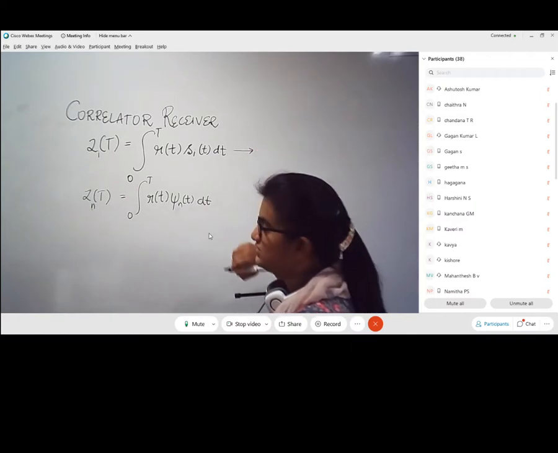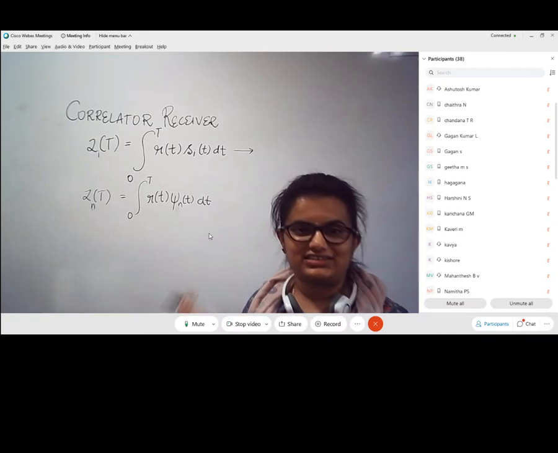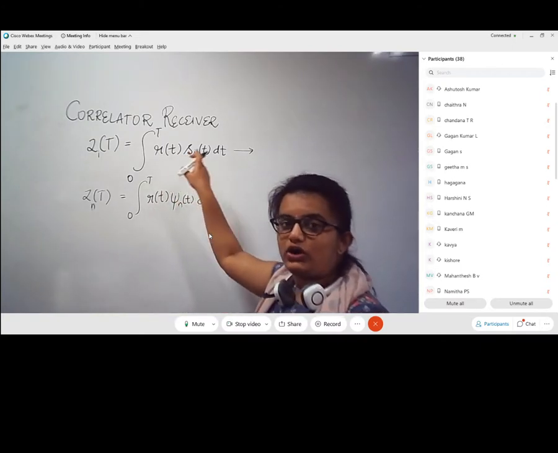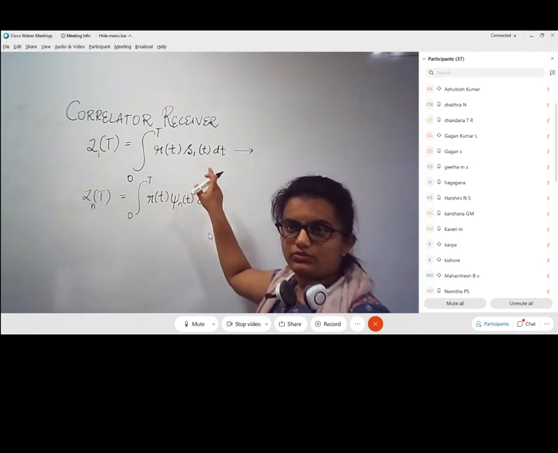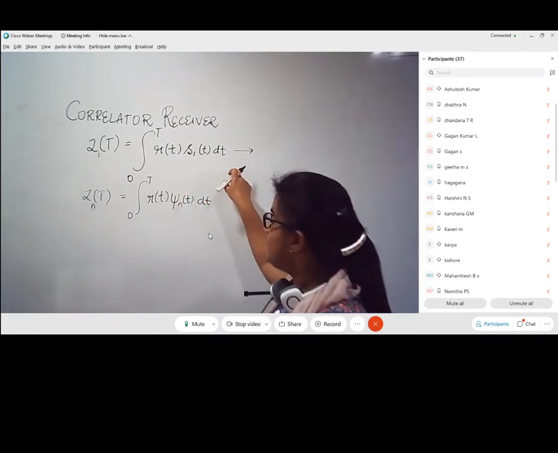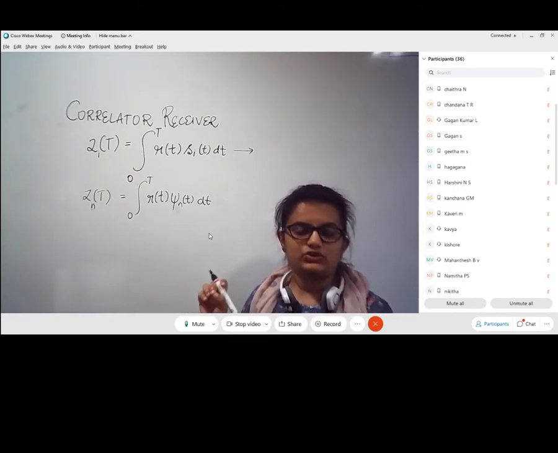In the first case, we saw the scenario where, in order to compare the received signal R of t with all the modulated symbols, we need to compare it with each and every symbol from S1 to SM. So how do we do that?